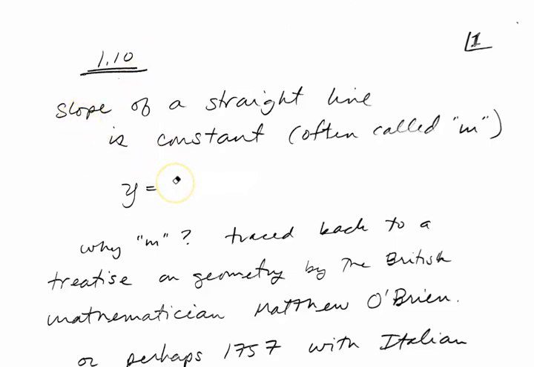And so there's two different forms. One is the slope intercept form, and the other one is the point slope form. So we will work with both. I'm going to start with the one that I'm familiar with a little bit more from my engineering background. So it's y equals mx plus b.